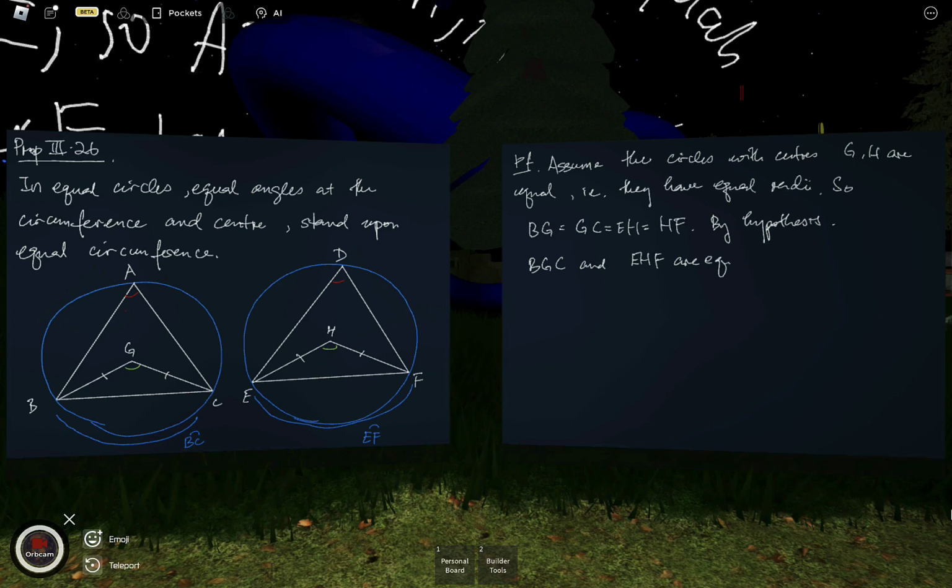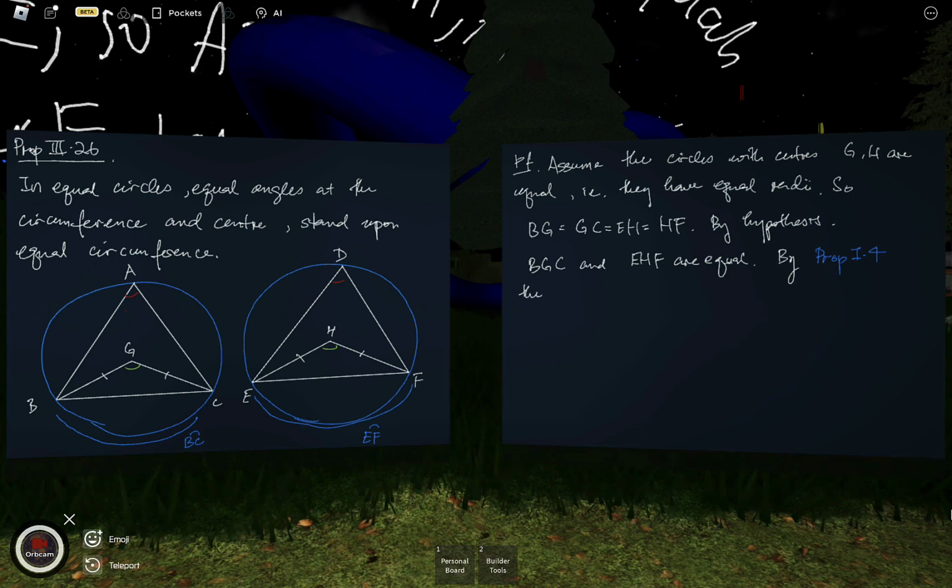Okay, so you can already see that we've identified two triangles that are the same, equal, congruent, right? So by proposition 1.4, so way back to book 1, we have these two equal triangles because you have two sides and the included angle are the same. Then we can conclude that the base of these triangles are also the same.